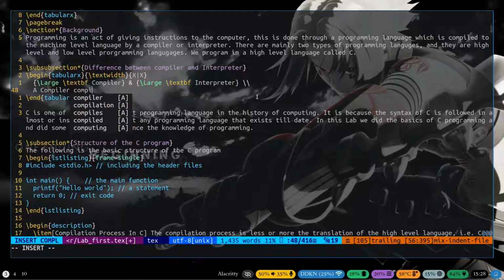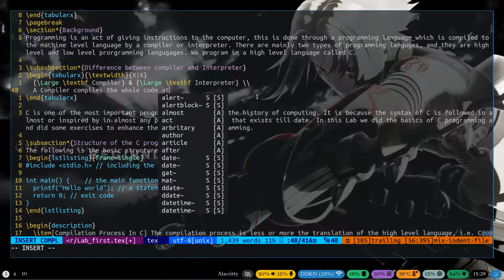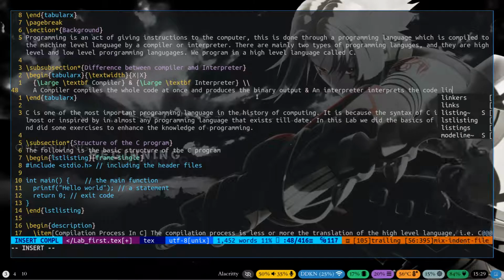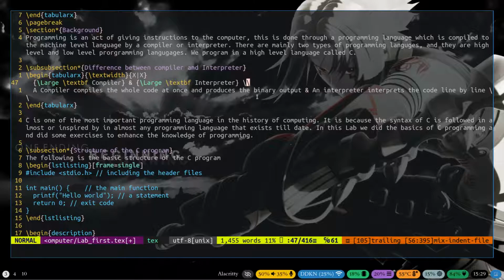A compiler compiles the whole code at once and produces the binary output. An interpreter interprets the code line by line. And that's the first difference between them.